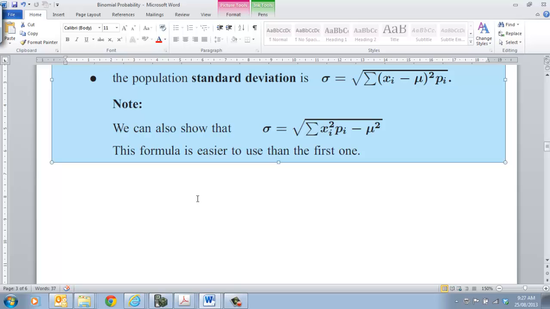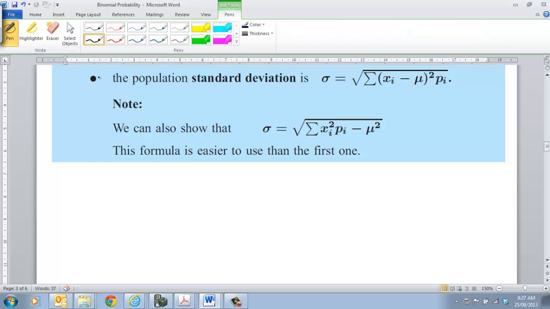So if we were looking at rolling a dice, trying to work out what the mean was for rolling a six-sided dice, then I'd say the mean is equal to simply the sum of xi pi.